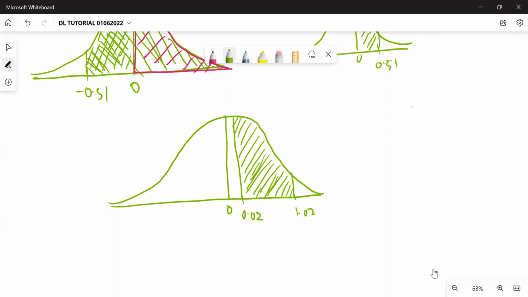Okay. And it's good for you to note that your tables will give you the area from 0 up to that point. And you'll also get the area from this point up to that point. So if you want the shaded area, definitely you will take a difference between the larger area and the smaller area. You take the larger area minus the smaller area. In that case, you'll be left with the shaded area. This is what will be happening.